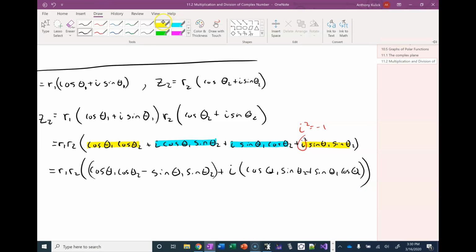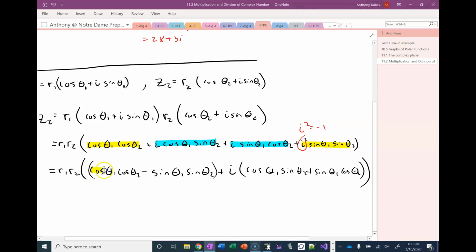And I'm going to look at what I have here. Because if you take a look at this piece, this should look familiar. Does anybody recognize this? Think all the way back to chapter 6. You can remember back that far. You might recognize this as the angle sum formula for cosine.